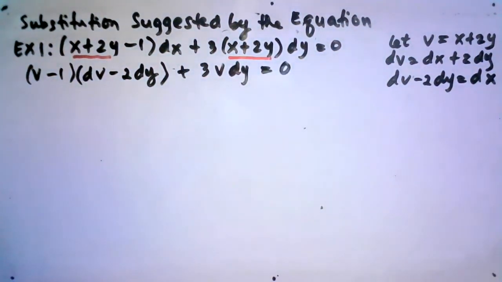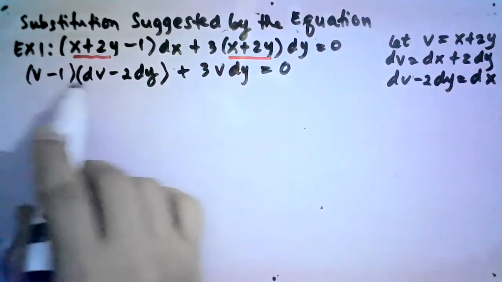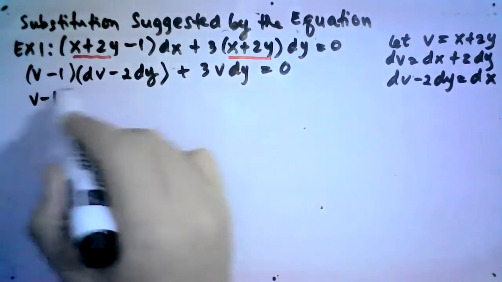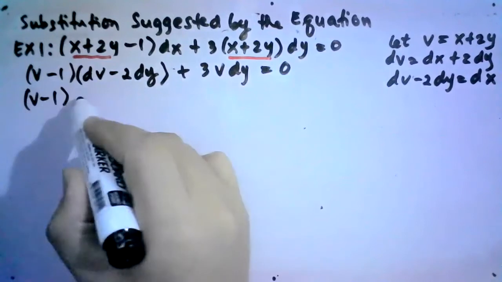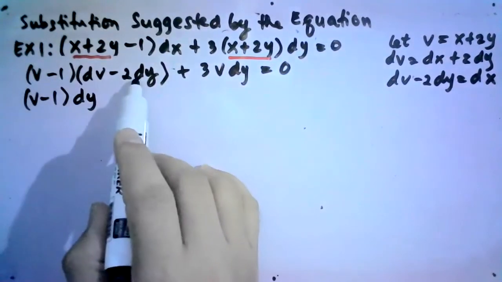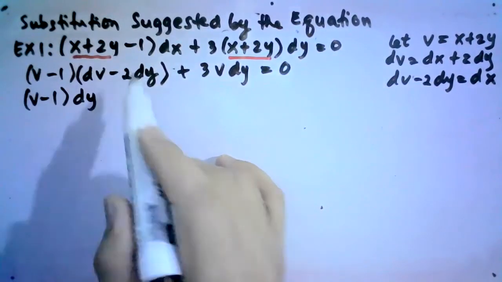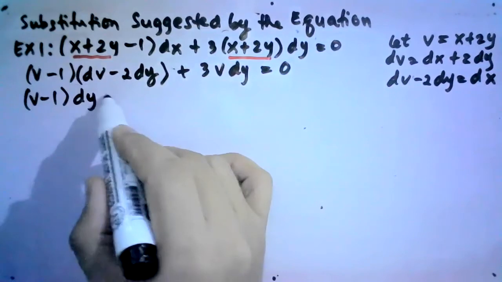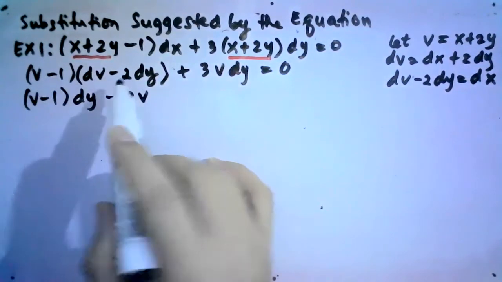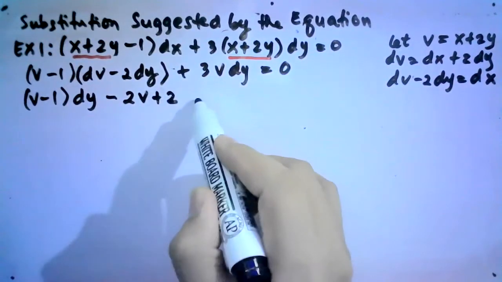Now, this time, we will multiply v minus 1 dv. So that is v minus 1 dv. And then v minus 1 times negative 2: v times negative 2 is negative 2v, and negative 1 times 2 is positive 2. Of course, this is dy.